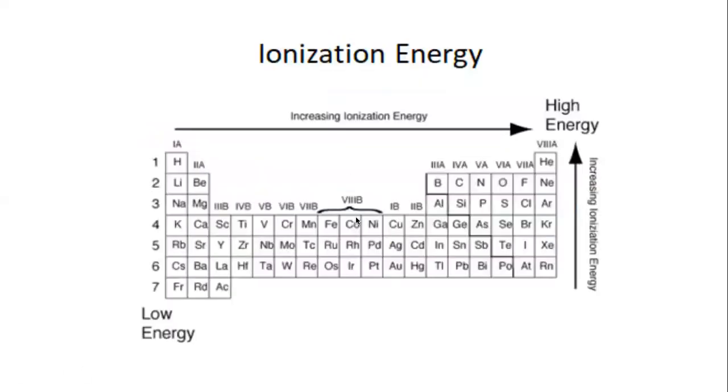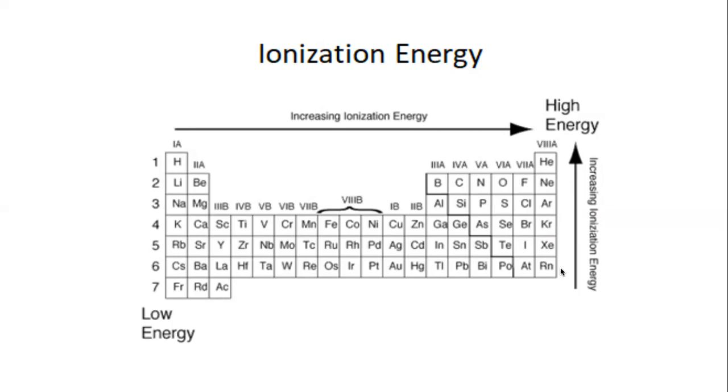So ionization energy also follows some trends on the periodic table. As we move from the left of the periodic table to the right, we have an increase in ionization energy, meaning that it takes more energy to remove an electron. And then we see this trend increase as we go from the bottom of the periodic table to the top.